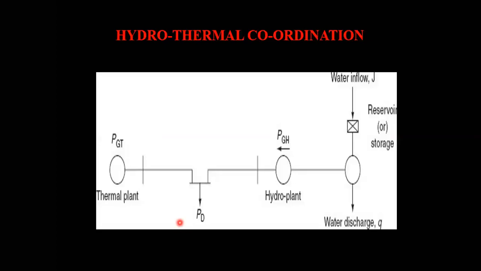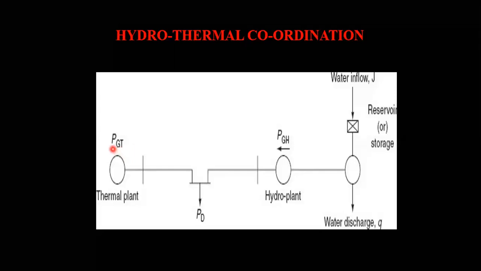That is this figure. This is a basic diagram for hydrothermal coordination. If you look at this diagram, we are considering only one single thermal power plant. Similarly, we are taking only one hydropower plant, and the combination of these two must meet our load requirement. That is nothing but P. For example, when you consider the nomenclature here, PGT is there.